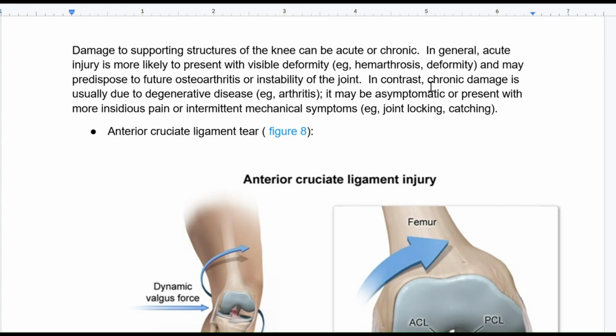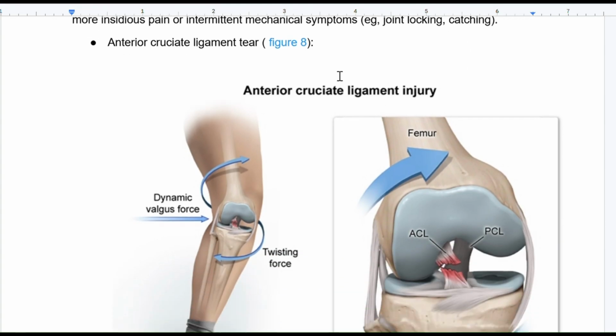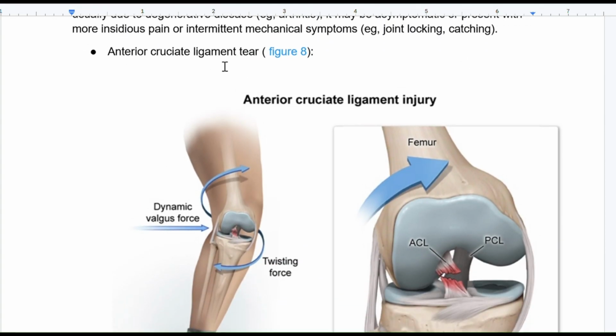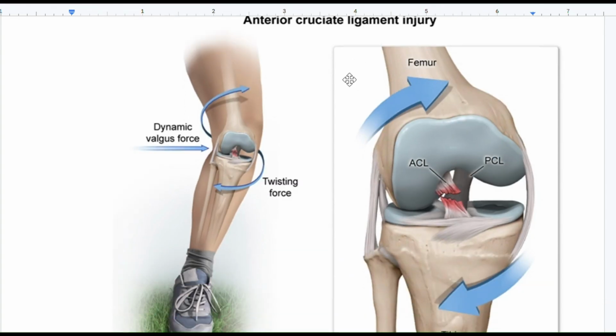In contrast, chronic damage is usually due to degenerative disease, such as arthritis. It may be asymptomatic or present with more insidious pain or intermittent mechanical symptoms, such as joint locking or catching. I have that. Okay.